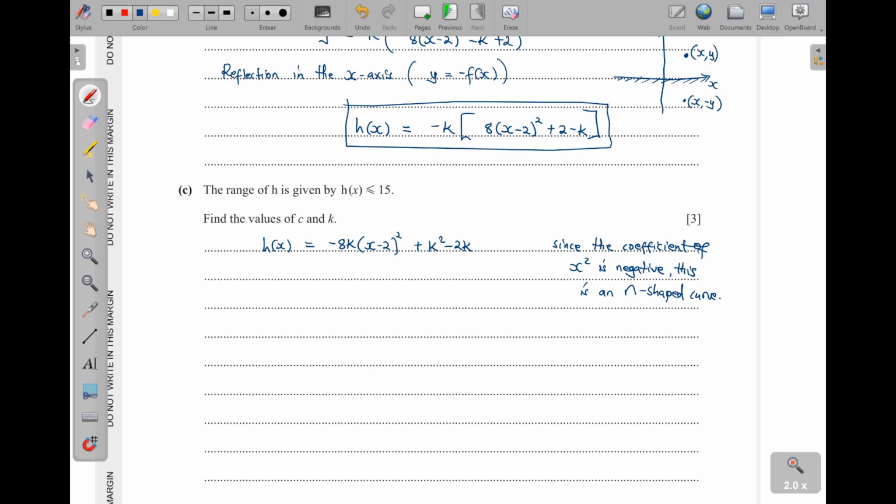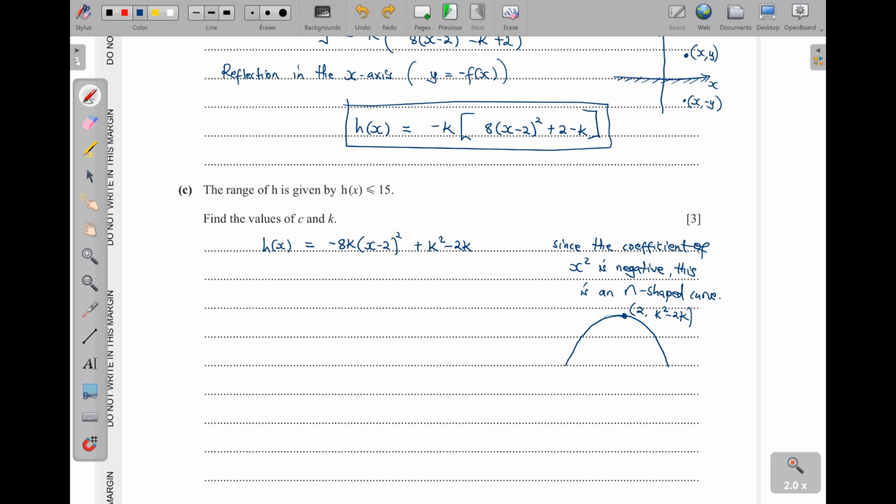So we are going to have something like this. And that turning point, you just get this one equated to 0. The turning point here will be, the x-coordinate is 2, and then this is the y-coordinate here, which is k squared minus 2k. Now, all of these values of y are going to be less than this one here, because this is a maximum point. The rest have to be below it.